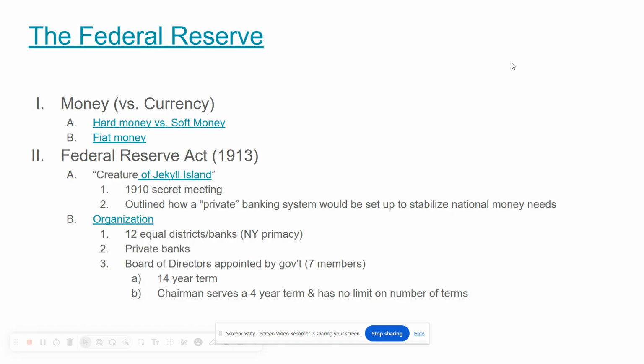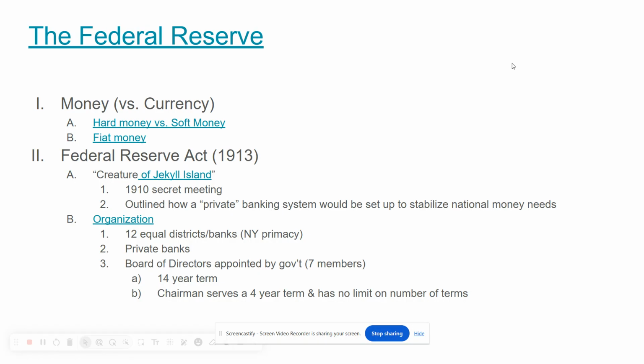That is a physical, tangible product that has value to it. For example, gold, silver, lithium, platinum, at one time salt. These were things that people valued and placed value on, and they were recognized as being something that you could form trade based on.